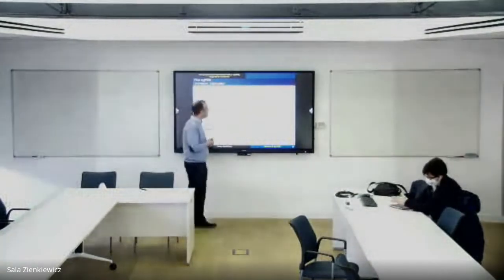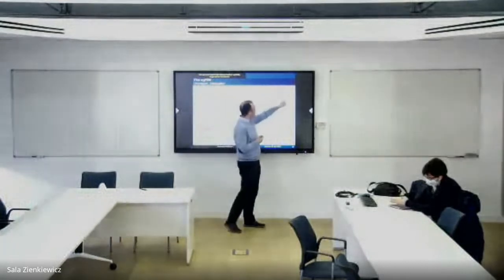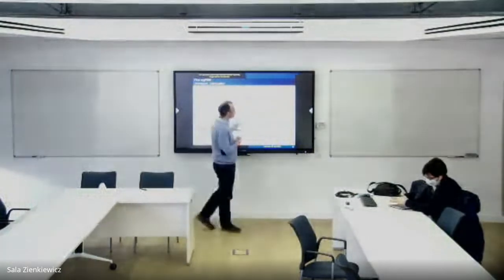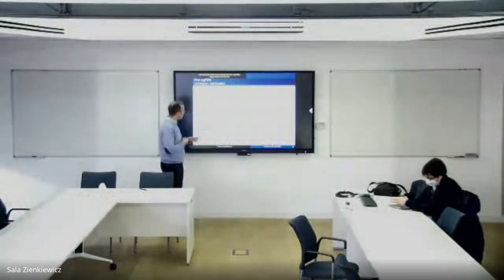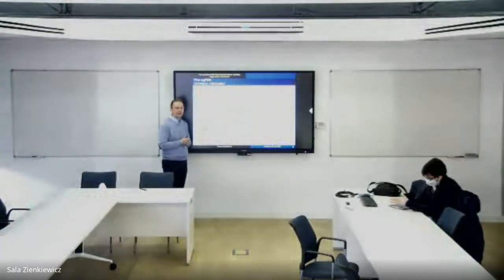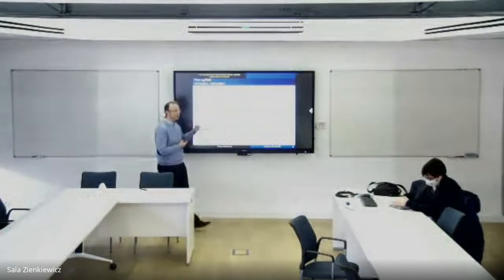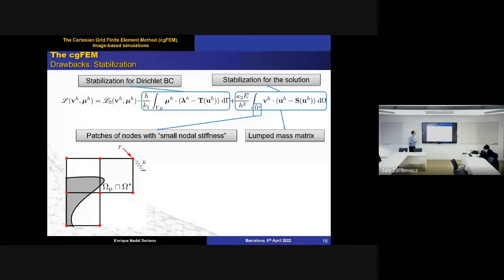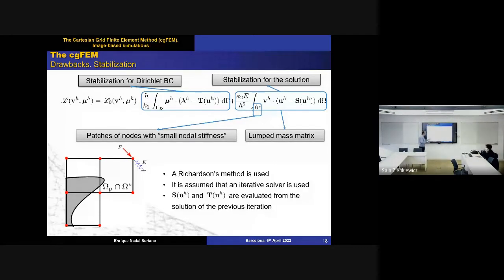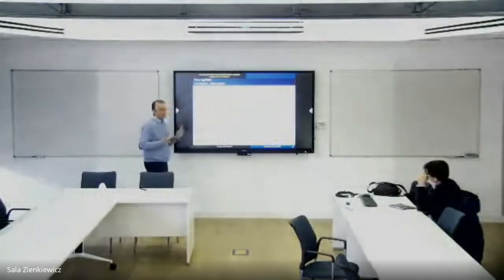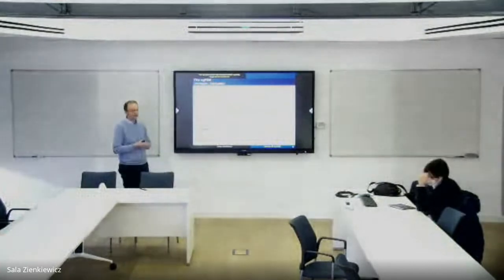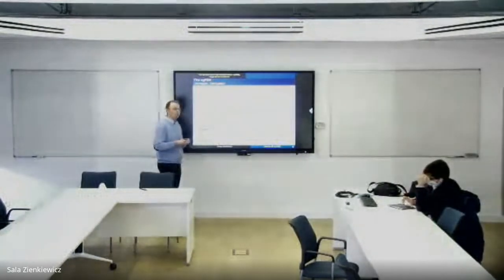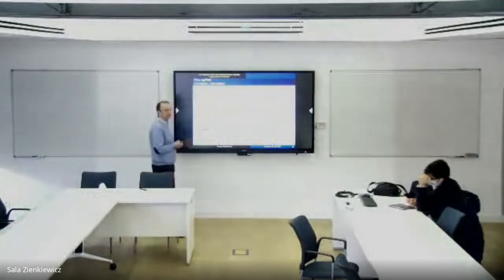What we do is extrapolate the solution from the interior of the domain through a patch, and then stabilize the solution in those nodes that are far from the domain. This is done iteratively in a Richardson framework, and in 3-4 iterations it normally converges and gives good solutions. I have to comment that this iterative solver has a constant matrix, so at the end of the day, it's really fast.